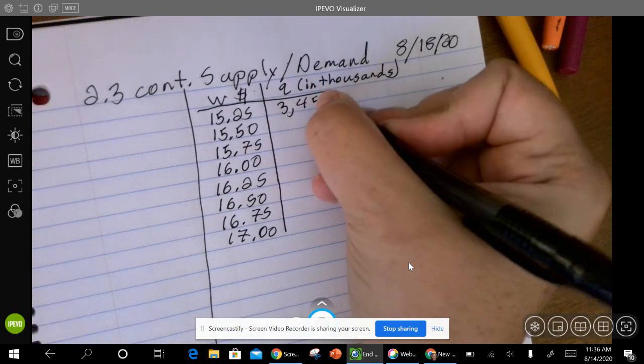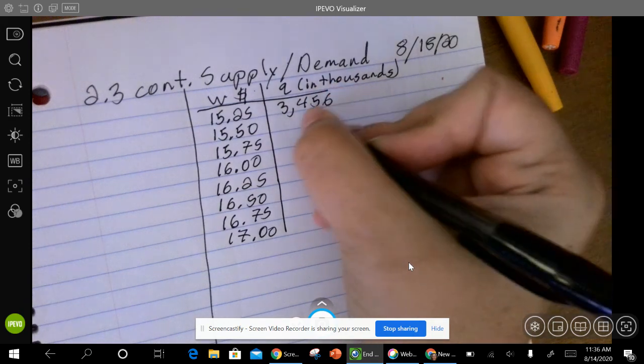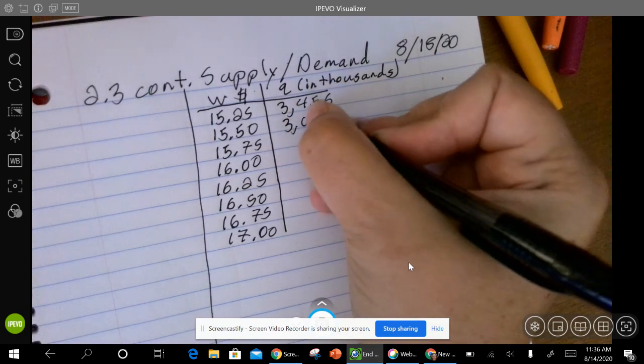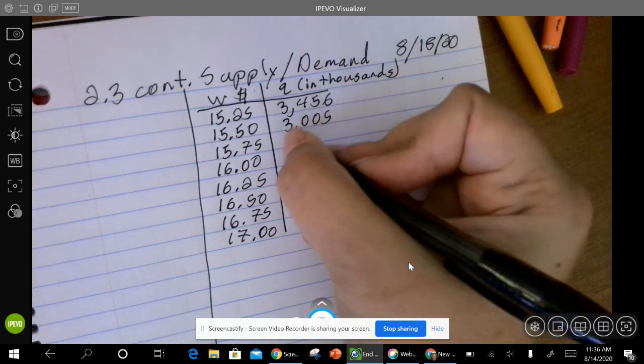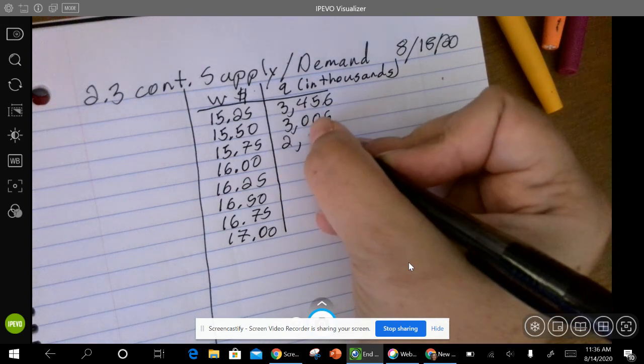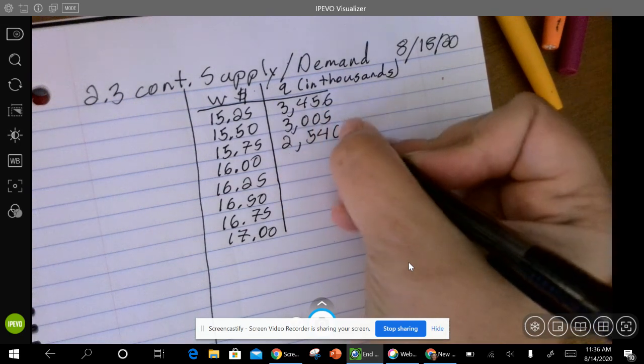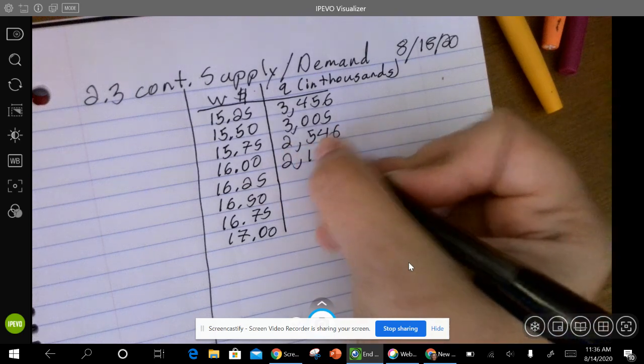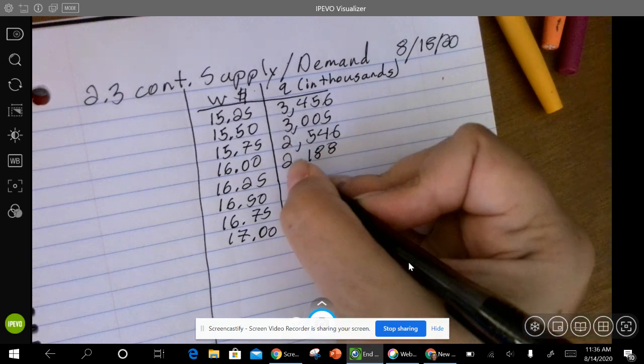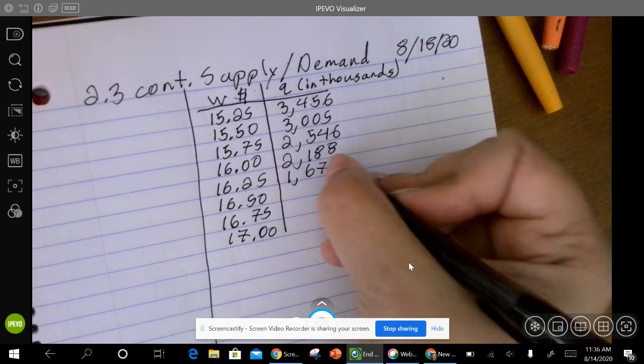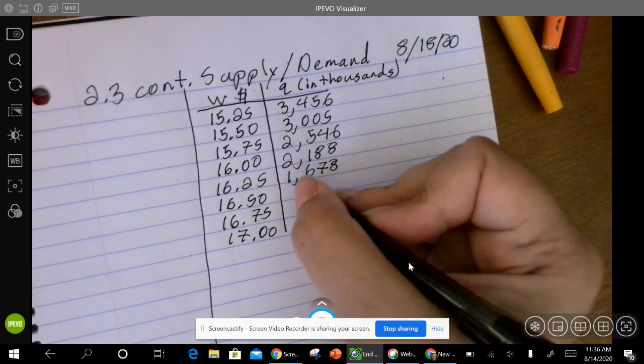So 3,456, 3,000. So we're looking again, everybody, at supply and demand for this. You are going to need to do this on your assignment.